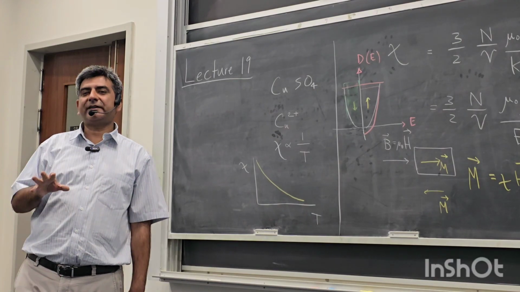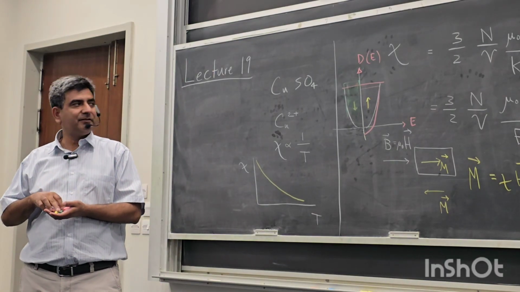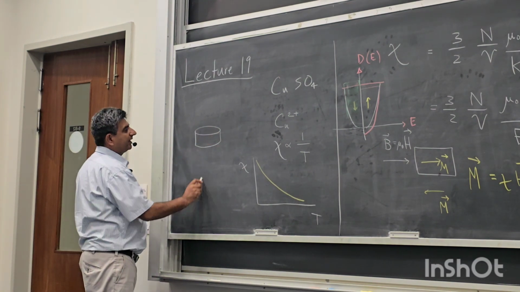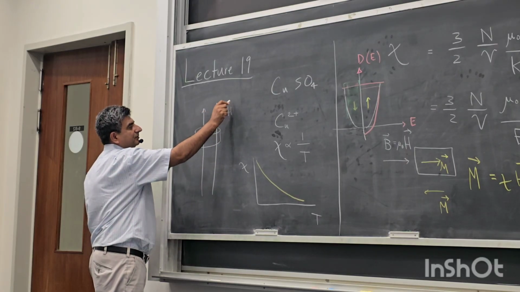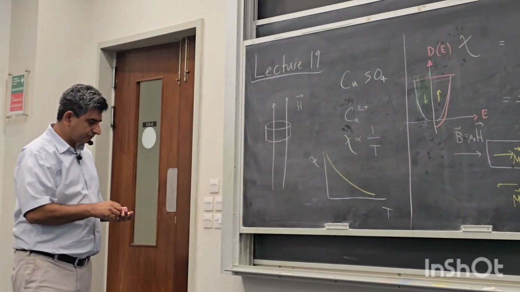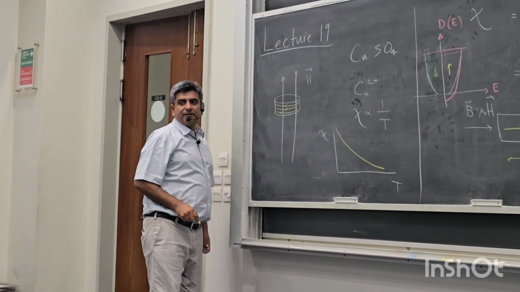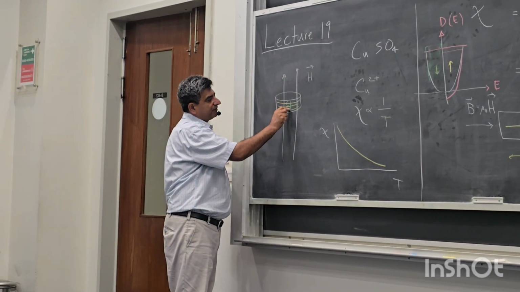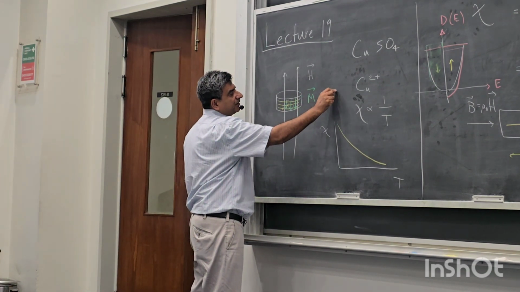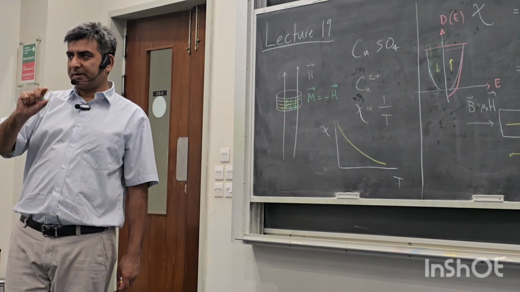A superconductor is a perfect diamagnet, which means that if you put a superconductor inside a magnetic field H, currents start flowing on the surface of this superconductor, such that inside the superconductor an opposing magnetization M is developed which is opposite to the applied field, such that the overall field inside the superconductor becomes 0.